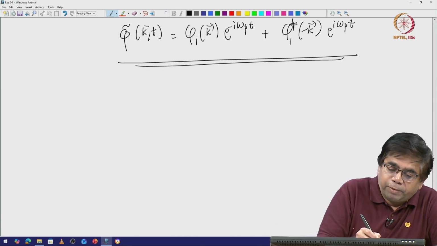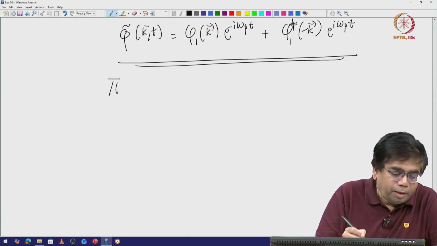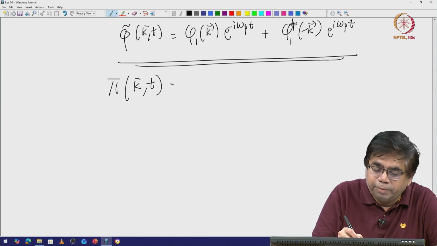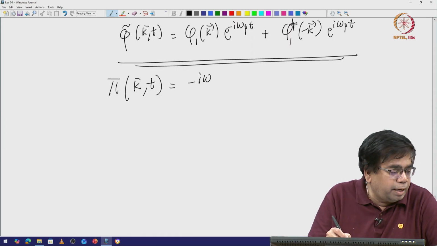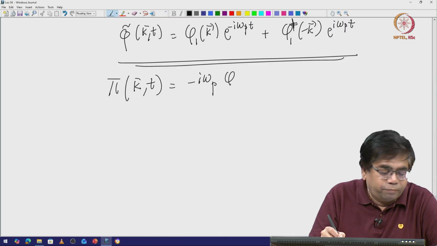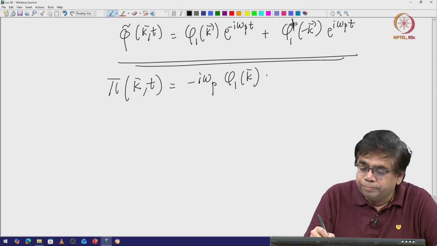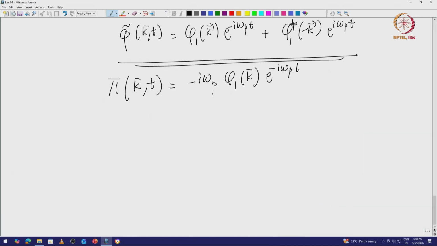So, now we see what happens for pi, the conjugate momentum. With this expansion, it is given by I omega p phi 1 of k e power minus I omega p t plus I omega p phi 1 dagger of minus k e power I omega p t.